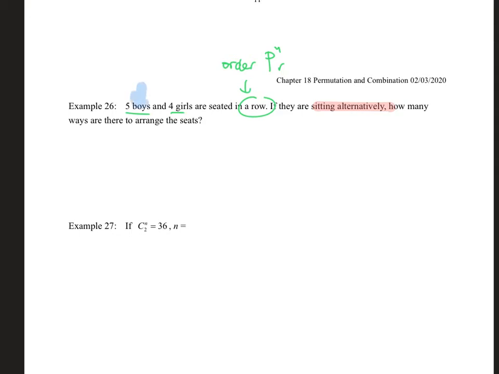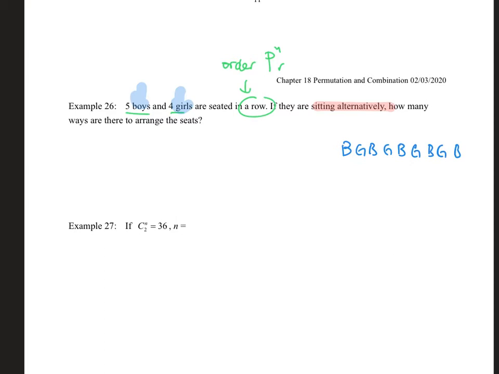Because of 5 boys and 4 girls, can you imagine that the only arrangement would be like this: boy, girl, boy, girl, boy, girl, boy, girl, boy. Because there is one more boy than the number of girls, the boys should be on the two sides and the girls put in between two boys. It's a very special situation.